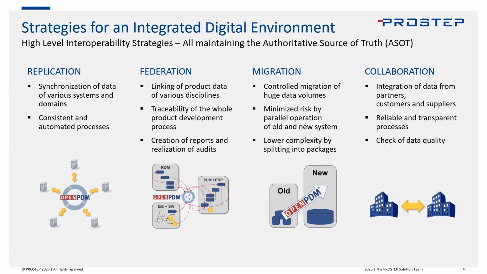We do a lot of migration activities as well at PROSTEP, and combining product data together is a big part of what we do. And this is traditionally when you introduce a new PLM system, then you can move the data into a centralized platform and perform multiple functions within that platform.